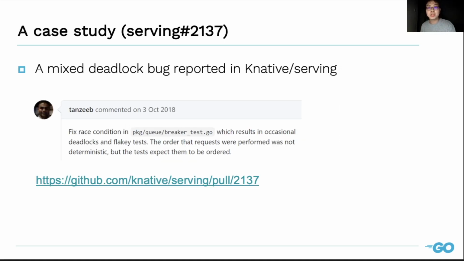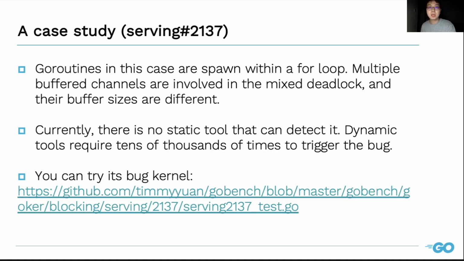In GoBench, there are also some bugs difficult to be detected by existing detectors. For example, serving 2137 is a mixed deadlock bug that is difficult to capture. This bug spans multiple routines in a for loop and involves multiple buffered channels with different buffer sizes.